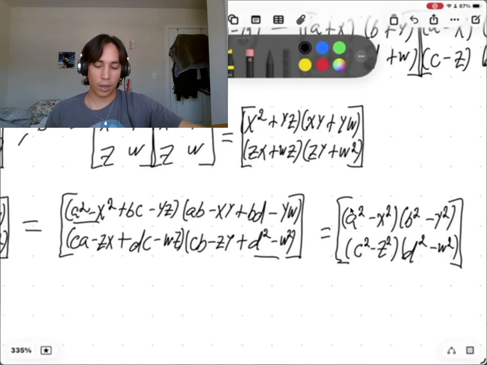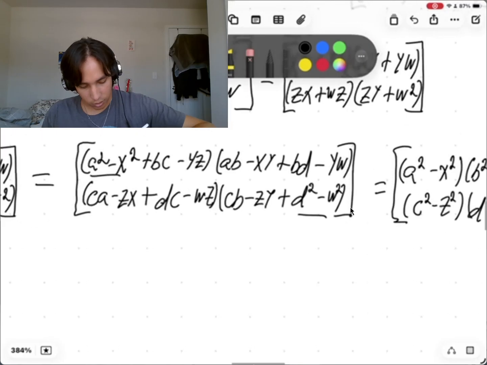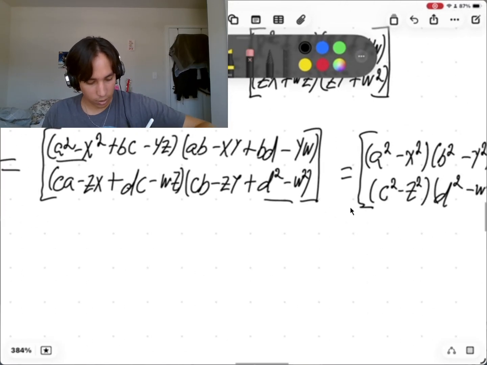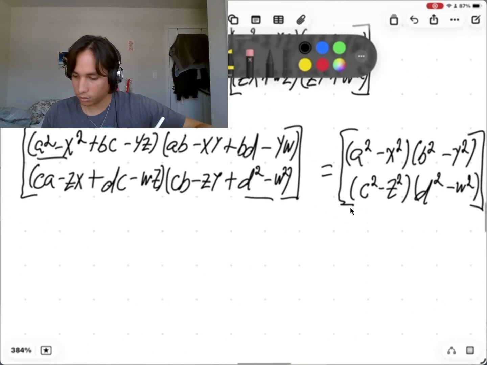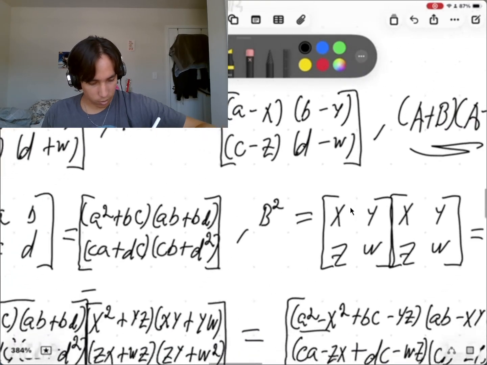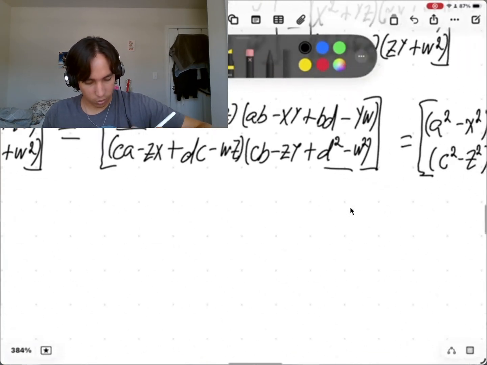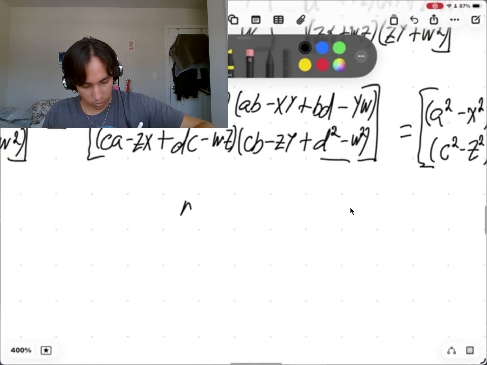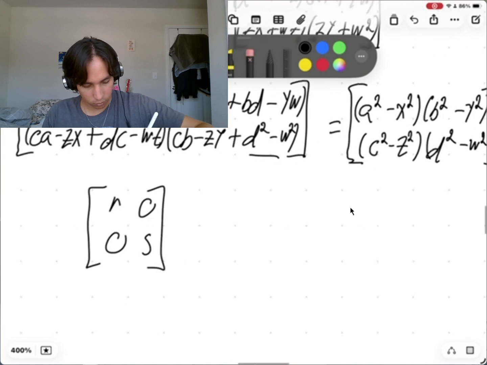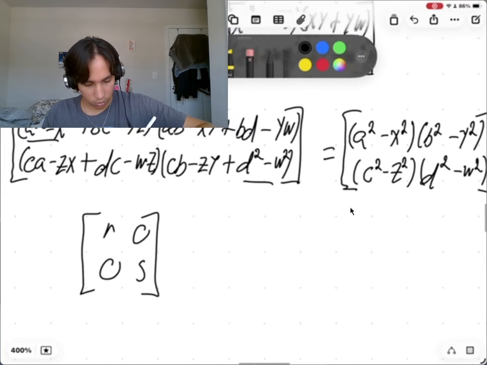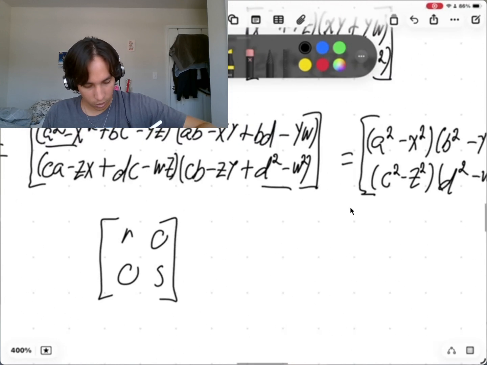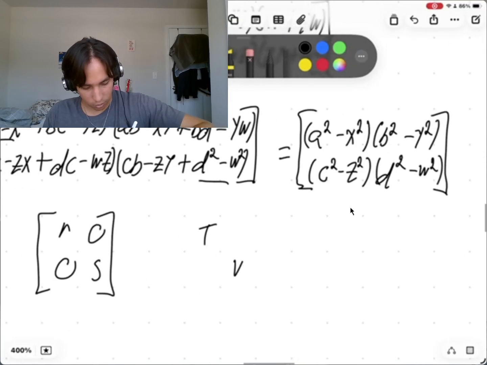So the only way in which these two can be equal is if the original matrices are diagonal. Let's say A and D are real numbers R, S, and the other entries are zero, and then B is like T, V, 0, 0.